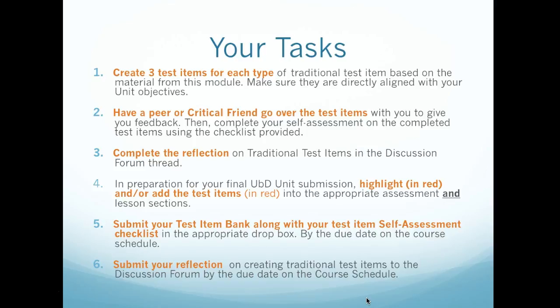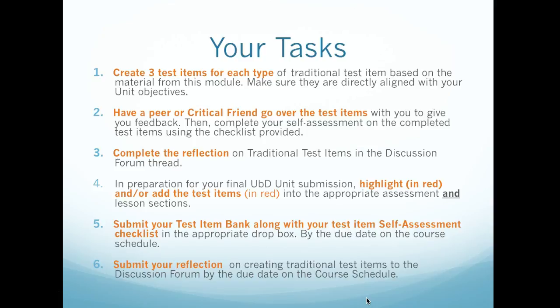Make sure they are directly aligned with your unit objectives. Have a peer or critical friend go over the test items with you to give you feedback. Please give the items to somebody, and let them say, I don't understand this. Let them say, what do you want here? Because that's how you're going to clarify your thinking as you're developing your tests.